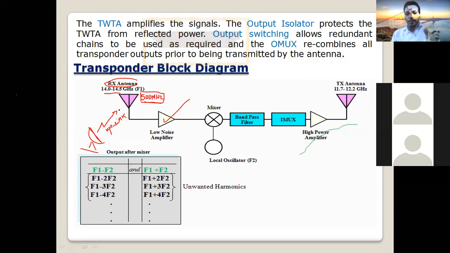So how much does it amplify? Gain 60 dB, very high gain. A 60 dB, very high gain amplifier. This one, the low noise amplifier. What is another smart thing about low noise amplifiers?